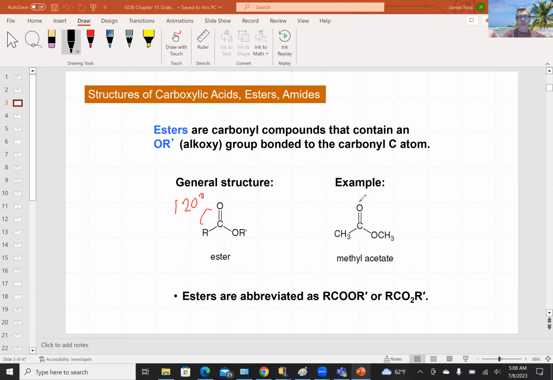They've called this methyl acetate because we have a methyl group here, and then this entire structure is acetate. So that's the acetate part, and that's the methyl part.